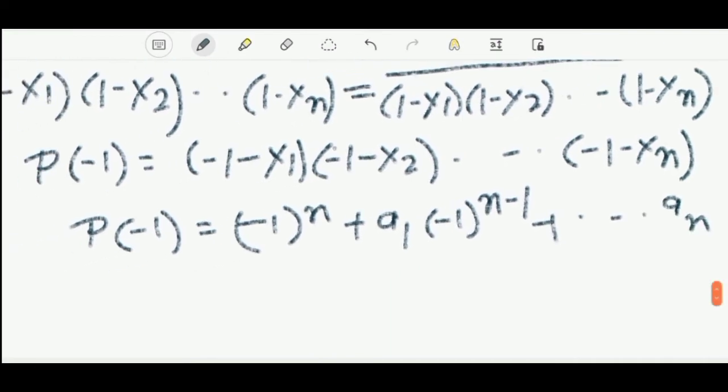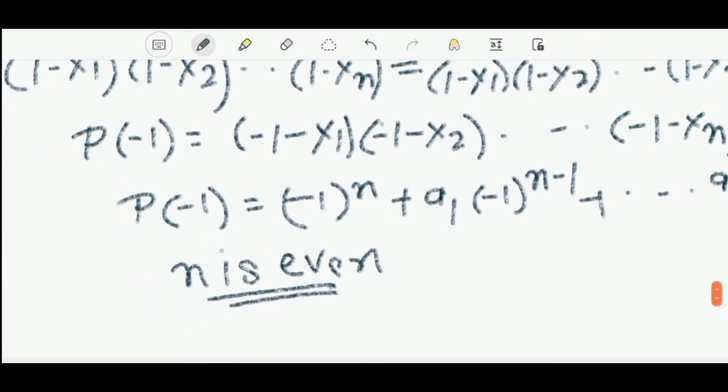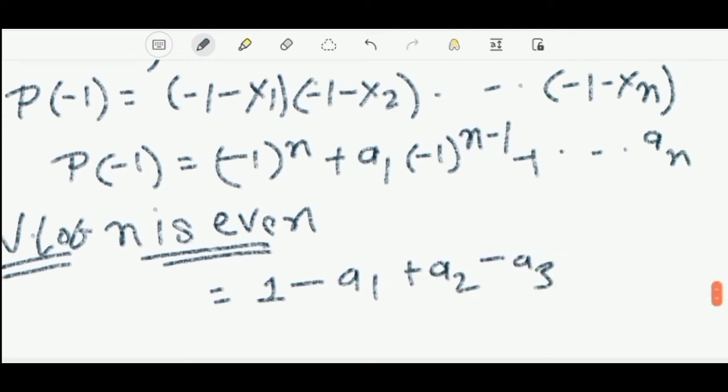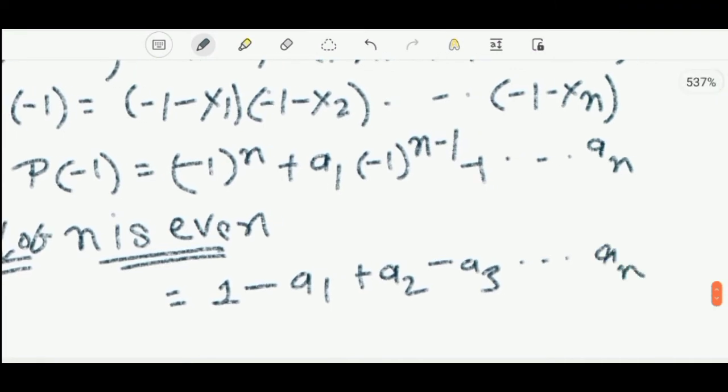And without loss of generality, I assume that n is even, then minus 1 raised to the power even would be 1, plus n minus 1 is odd, so this is going to be negative a1 plus positive a2, negative a3, and it will continue up to an.